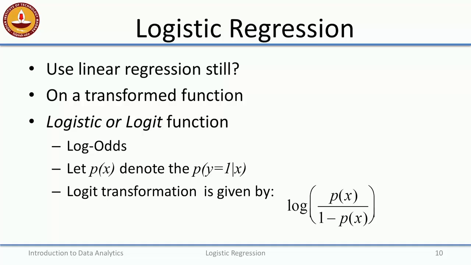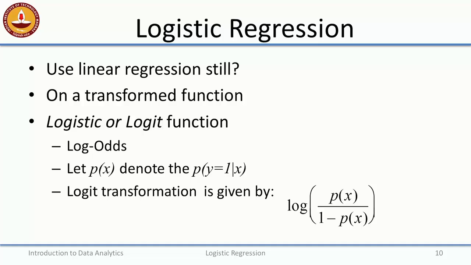The transformation that we are going to talk about here is called the logistic function or the logit function. So, let us have some notation here. Let p of x denote the probability that the output y is 1 given x. Then the logit transformation is given by the logarithm of p of x divided by 1 minus p of x.